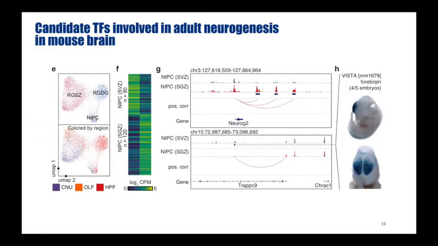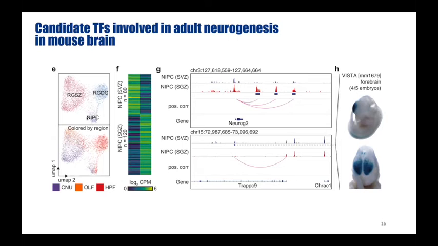So here I have three cell types. Those are the radial glia-like cells from the subventricular zone, the radial glia-like cells from the subgranular zone, as well as the potential neuronal intermediate progenitor cells.